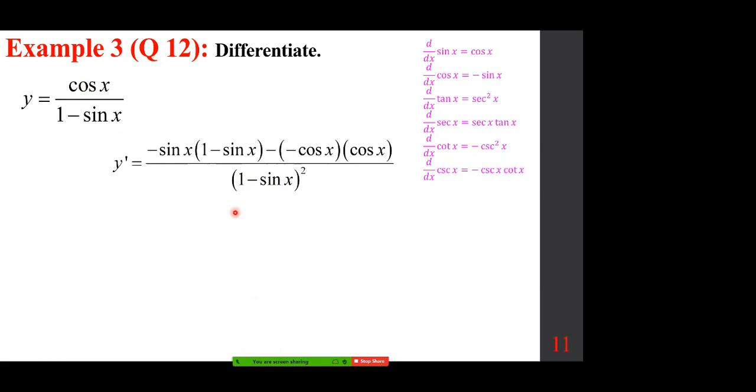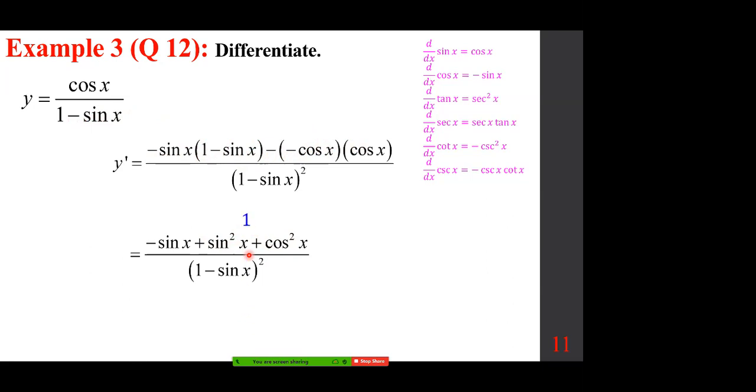So let's quickly recap. The top, the derivative is negative sine x times the bottom, minus the bottom, minus cosine x. So we're done with calculus. Let's just simplify. Minus sine x plus sine squared plus cosine squared. We know sine squared and cosine squared add up to 1.